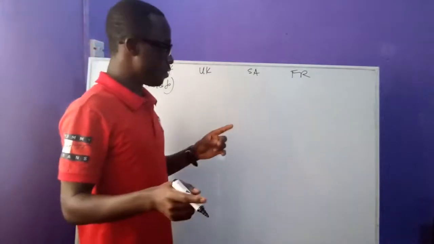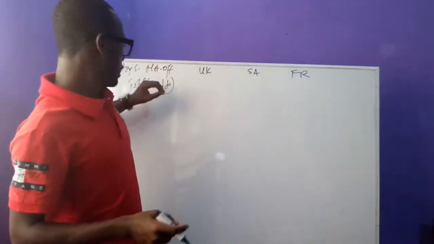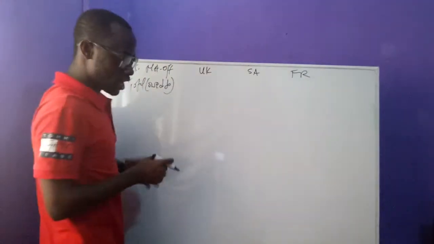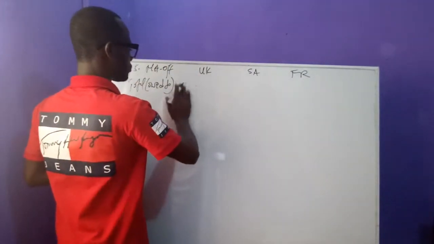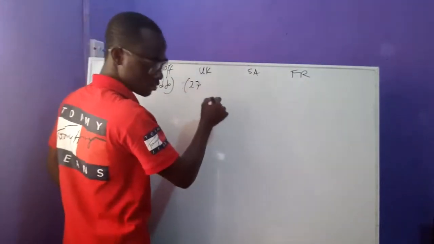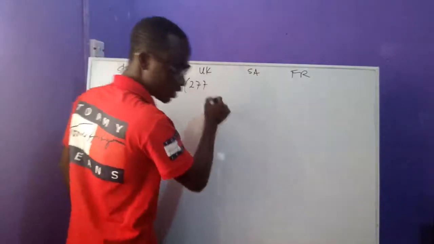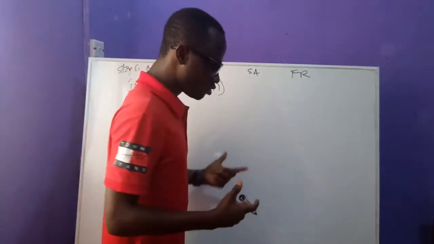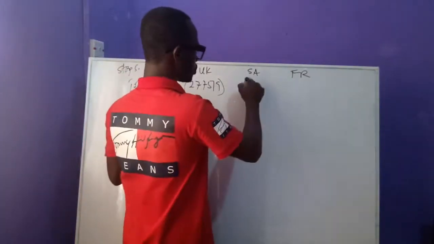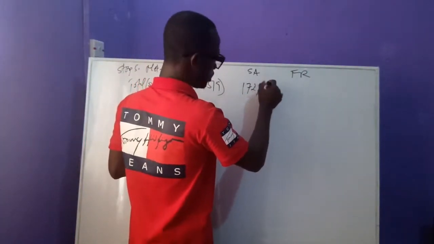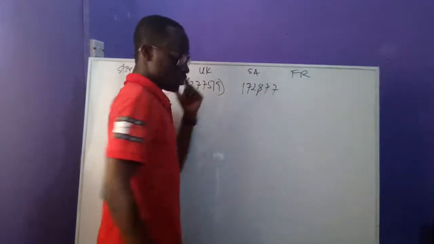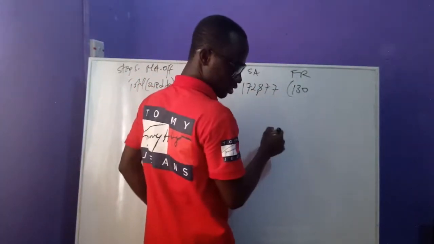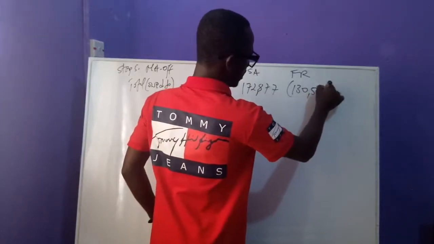If you remember from the previous, the total amount owed to the UK company was 277,519. The total amount owed to the South Africa company was 172,877, and the total amount owed to the France company was 130,591.